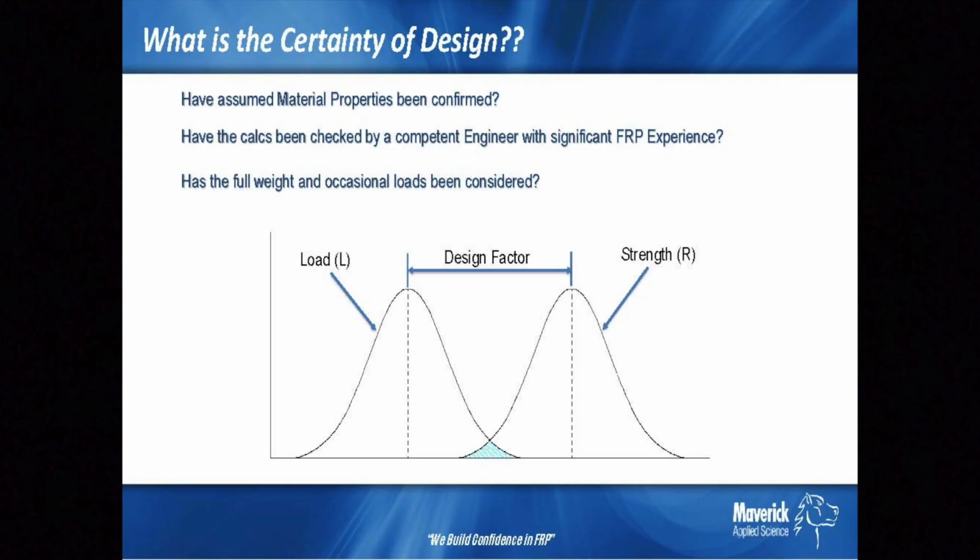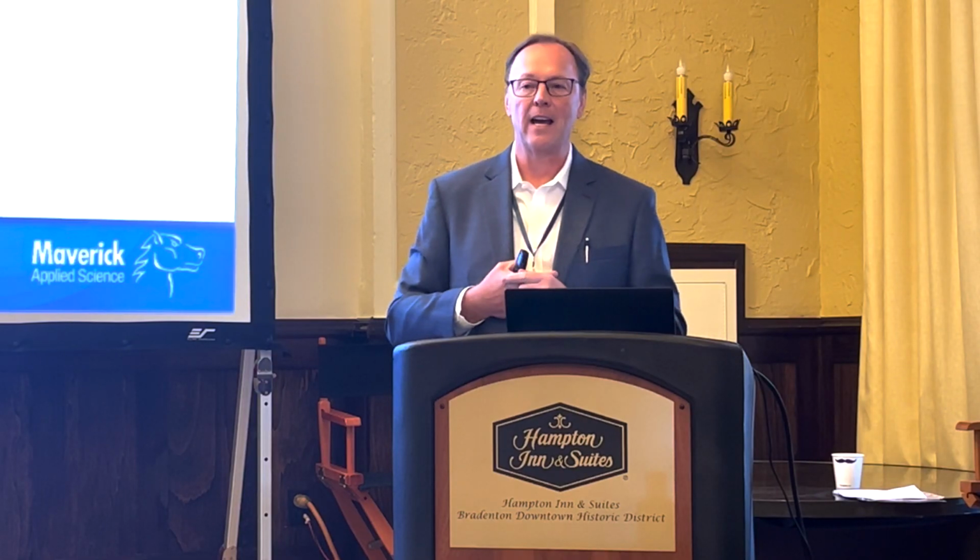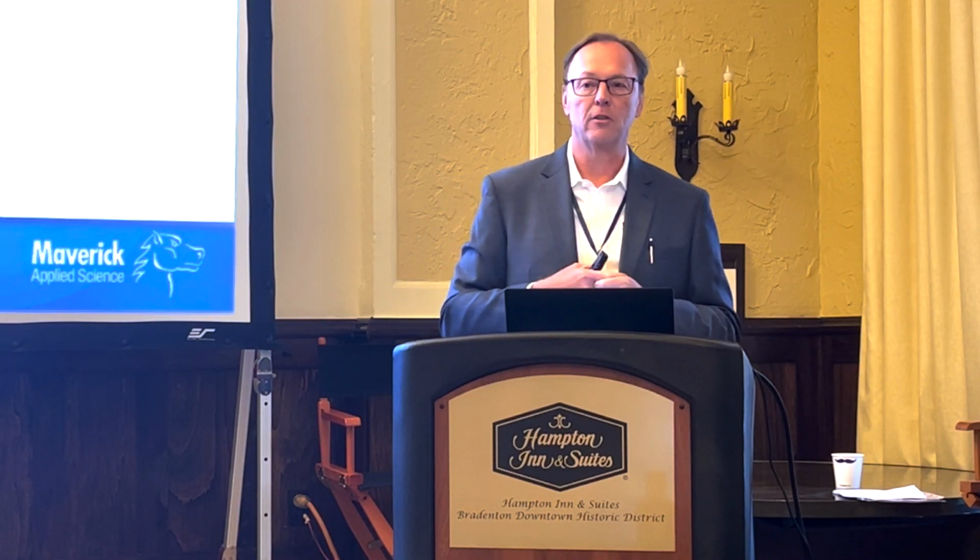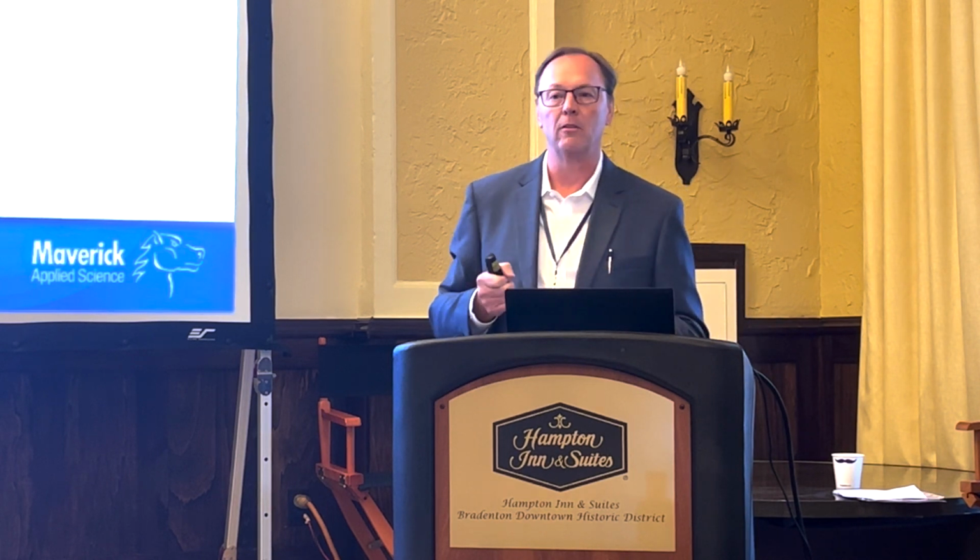So where does the uncertainty come from? We talked about certified vendors doing material testing to qualify their material properties. Have the material properties been confirmed? If not, that introduces a little bit of uncertainty. Most manufacturers have one design engineer on staff doing the calculations, so likely he's checking his own calc.